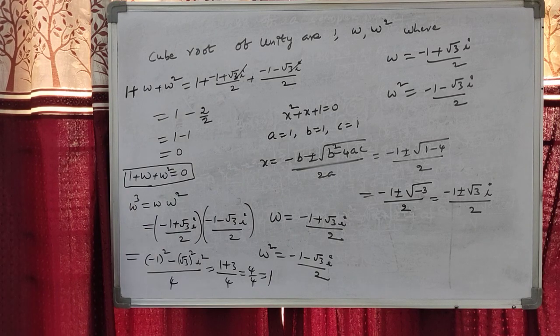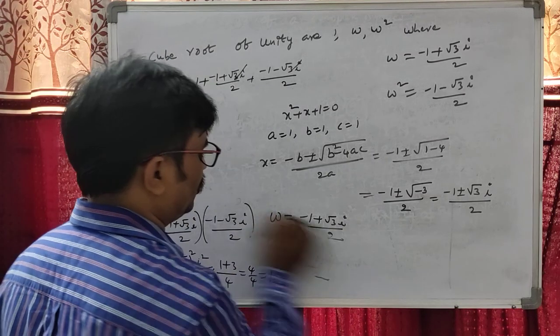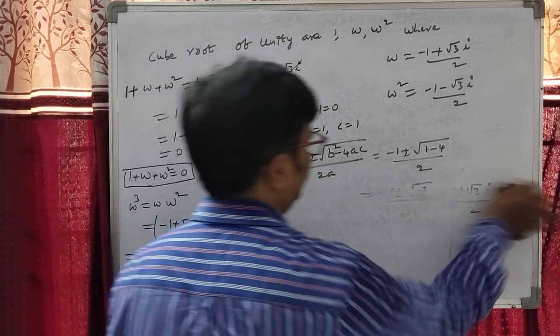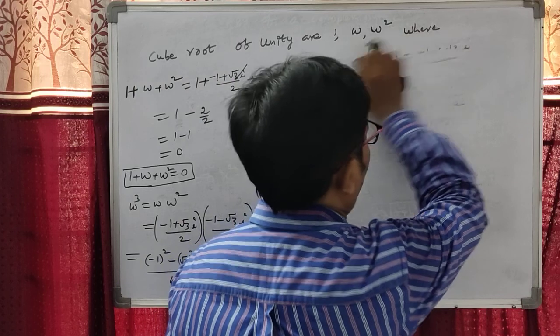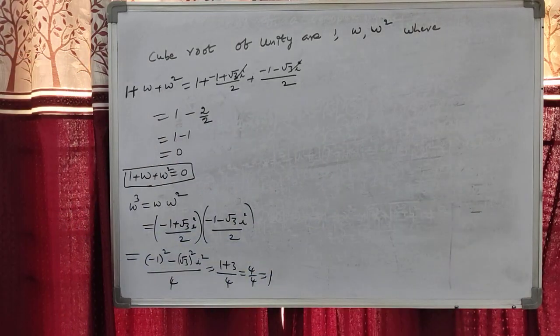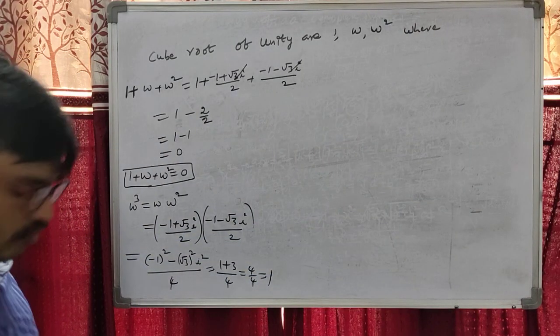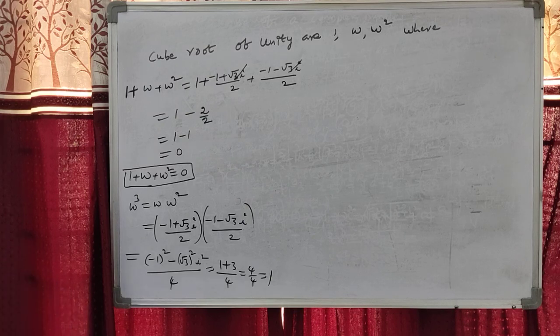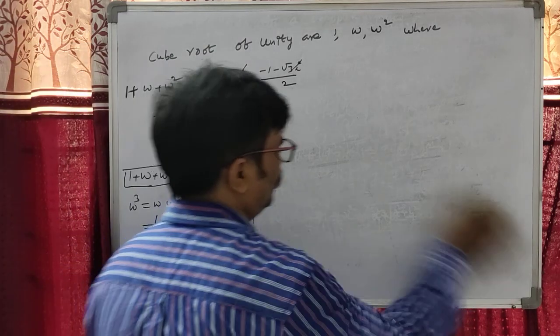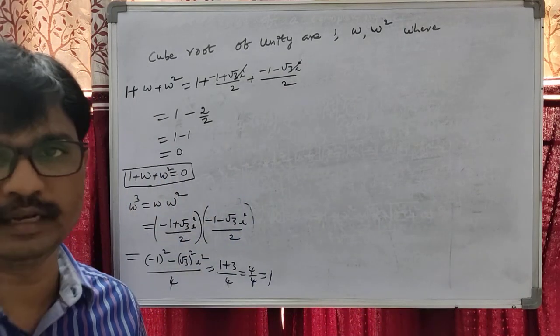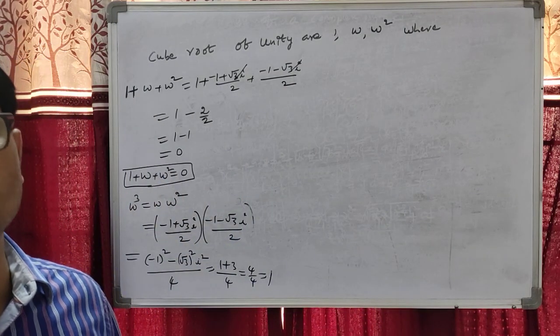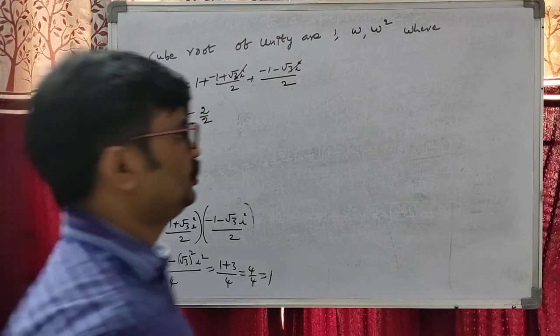My dear students, these formulas are also very important. If 1, omega, omega square are the cube roots of unity, then omega cube equal to 1 and 1 plus omega plus omega square is also 0.